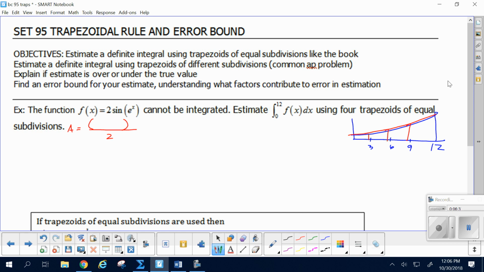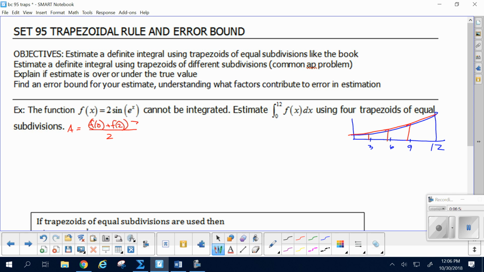So in this case, the bases are not horizontal. They're vertical. So base 1 is F at? F at 0. And base 2 is? F at 3. And what is the height, which actually runs horizontal? The perpendicular distance between the bases?